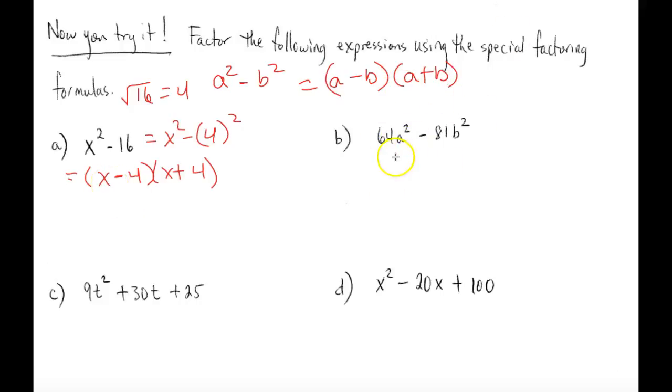For this next one here, we know that 64 is 8 squared, and we have a squared there. 81 is 9 squared, so all this is just 8a quantity squared minus 9b quantity squared.